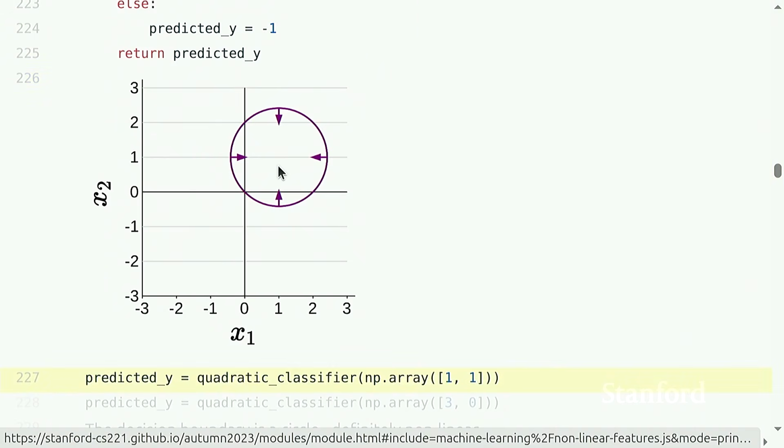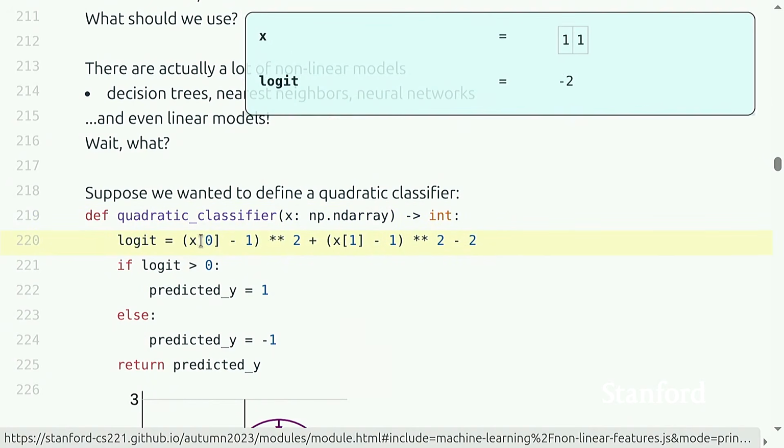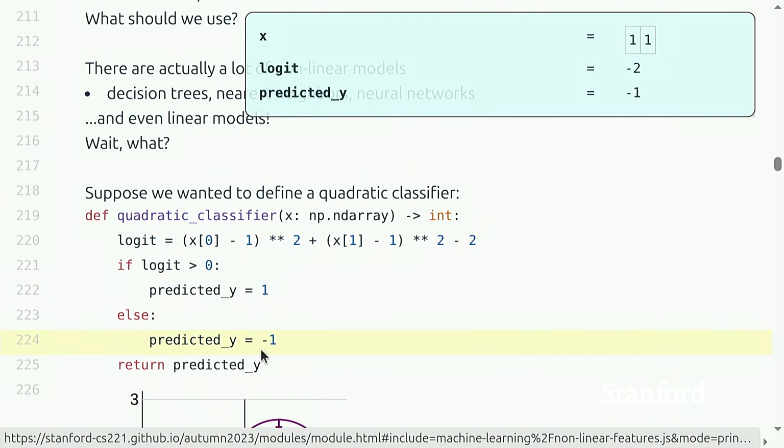And the way you would define this is through this function. So suppose I have the input (1, 1), so that's here, right in the center. And what the classifier does is it's going to compute a logit, which is essentially the squared distance from (1, 1) minus 2. Okay, so if you put in (1, 1), you're going to get the value minus 2, and that's going to be a negative logit, so it's going to predict minus 1.